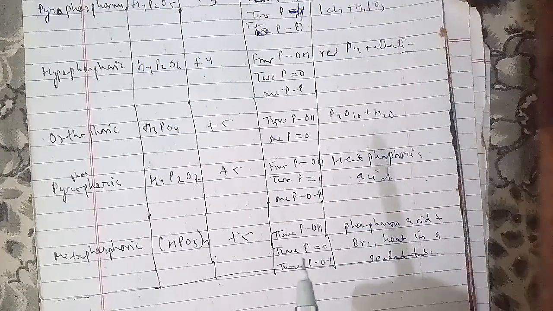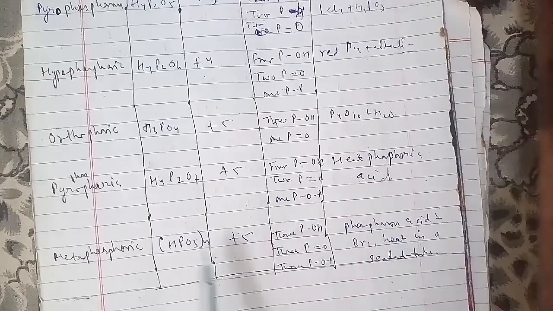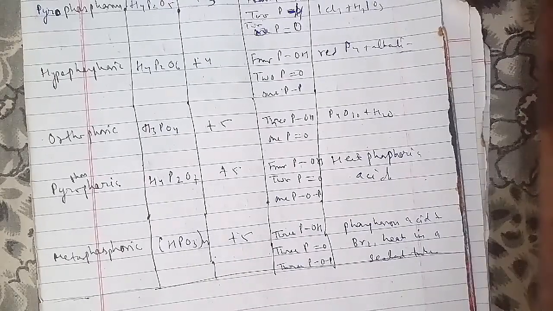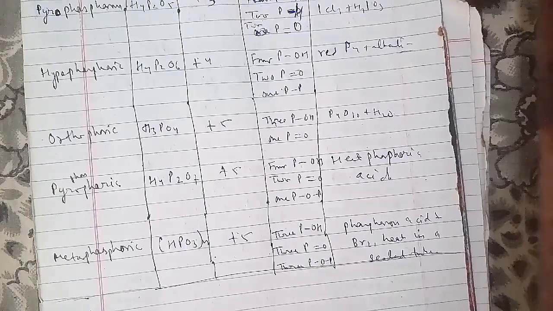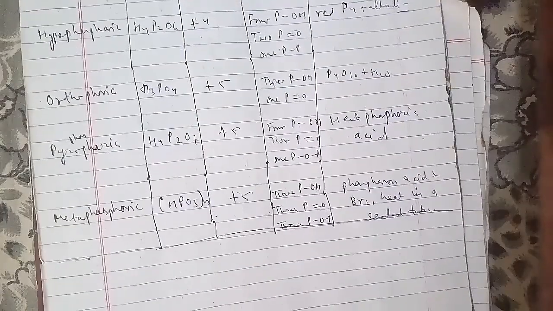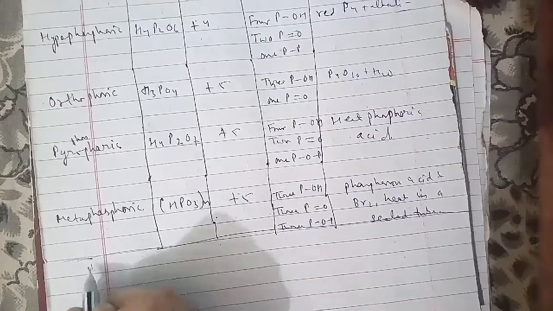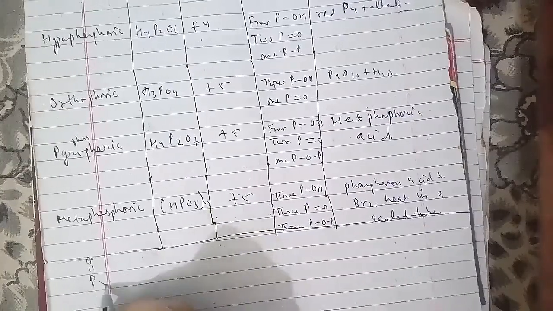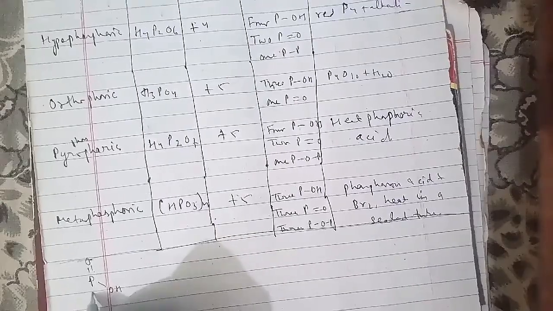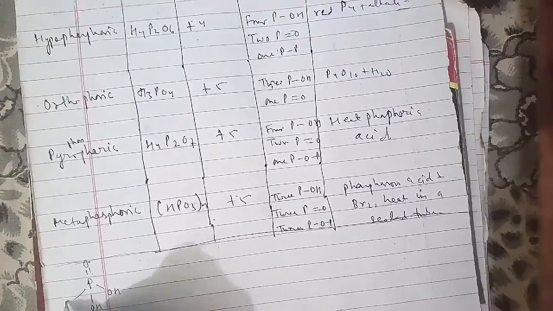OH OH, and that is your P bond OH bond OH here. This is the formula we have, H4P2O7, and that name is pyrophosphoric acid.